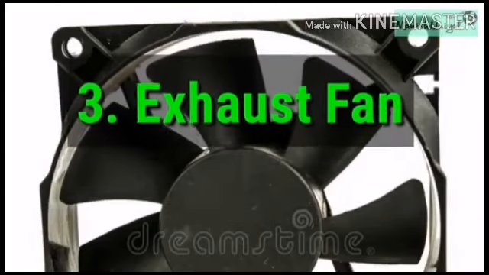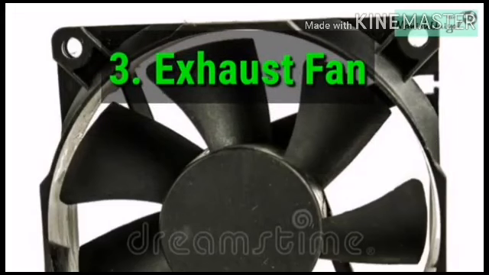Third one is the exhaust fan. These fans are fitted near the roof of the walls. Why is an exhaust fan used in the laboratory? To expel poisonous gases and fumes. If you are doing some experiments in the laboratory, so many poisonous gases and fumes are released.